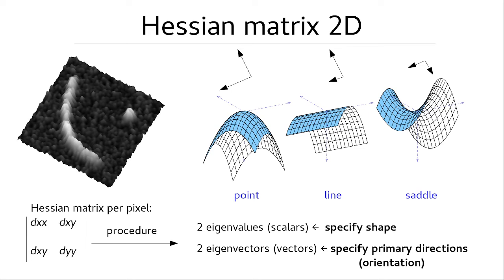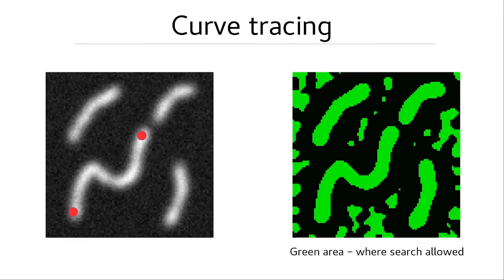So by carefully analyzing both eigenvalues, instead of a single general tubeness characteristic, it's possible to remove pixels from the area where the greedy Dijkstra algorithm will be filling. What I'm showing in green is the pixels where you limit where the search can happen, and this way you can limit the search.